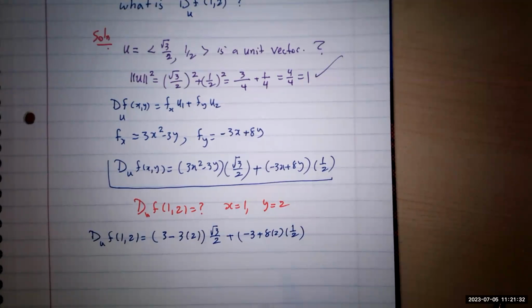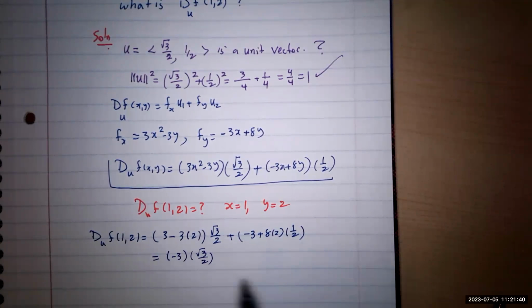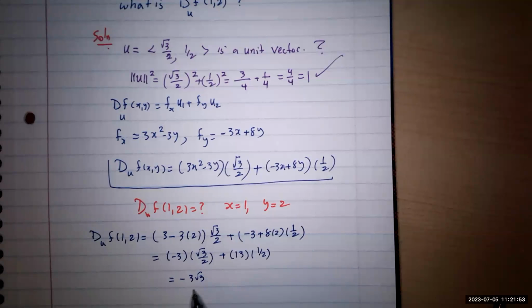Just simplify it. So that gives you negative 3 times radical 3/2 plus 13 times 1/2. So the final answer is negative 3 radical 3 over 2 plus 13/2.